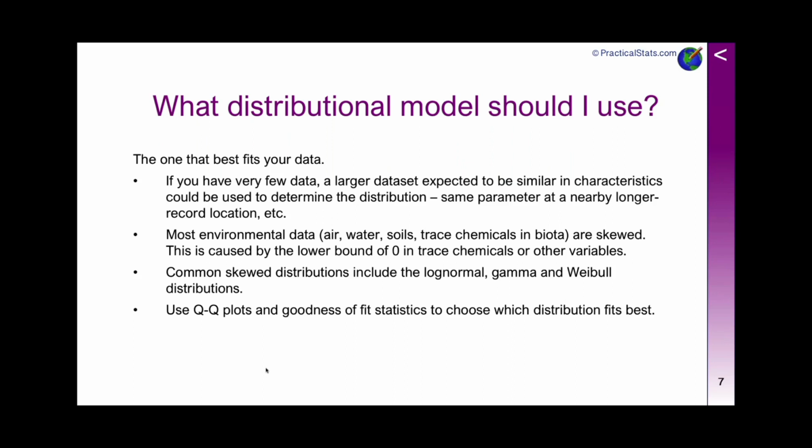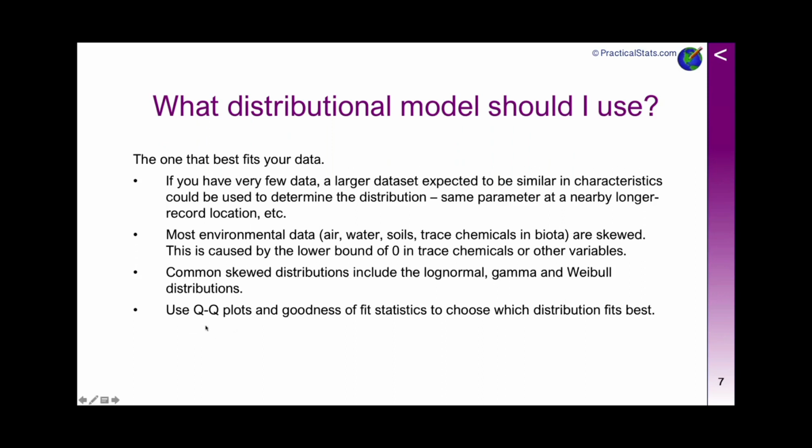As I mentioned before, most environmental data in a variety of media are skewed, and that's because we usually measure things that have a lower bound of 0. A lower bound of 0 forces skewness, and means that a skewed distribution, such as the log normal, the gamma, or the Weibull distribution, would do a better job of fitting than a normal distribution would.